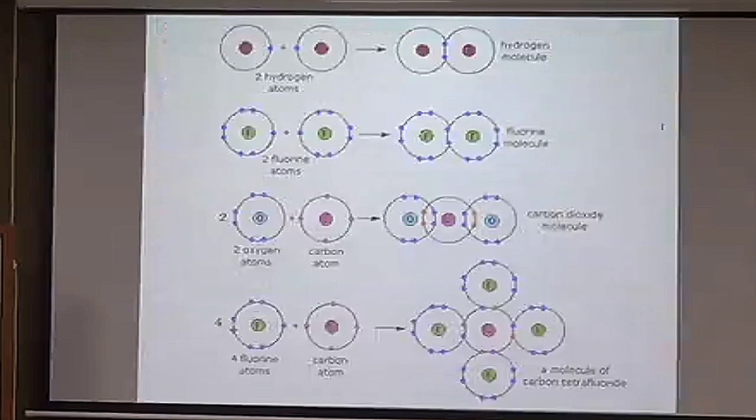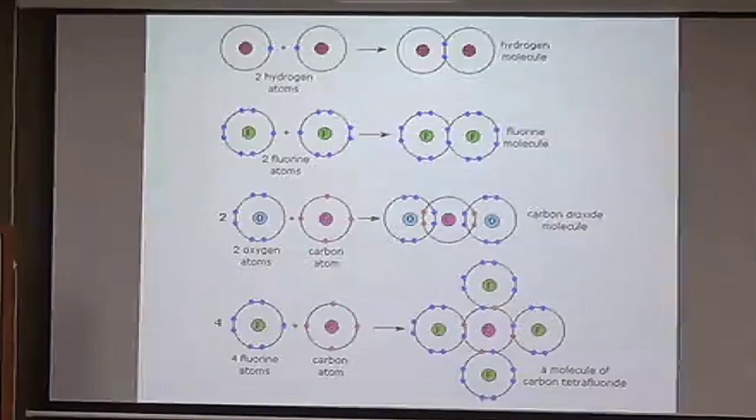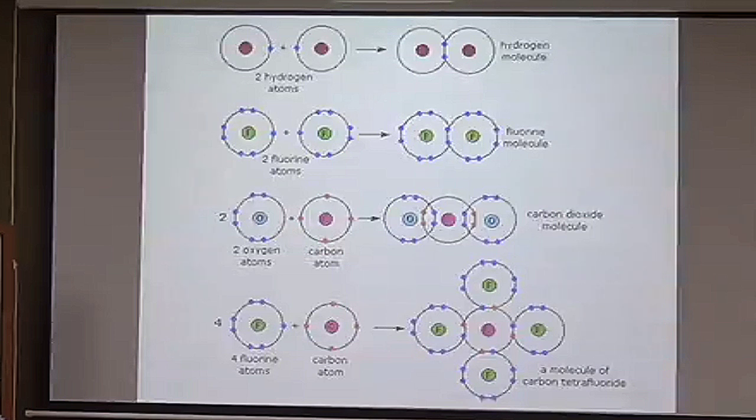You all can see that there are some more examples given. Hydrogen atom and atom of fluorine, that is having 7 valence electrons, so they share only 1 electron each and forming a single bond. Then we can see the formation of carbon dioxide, where the 2 oxygen atoms will be sharing 2 electrons each with carbon atom, forming 2 double bonds with carbon atom.